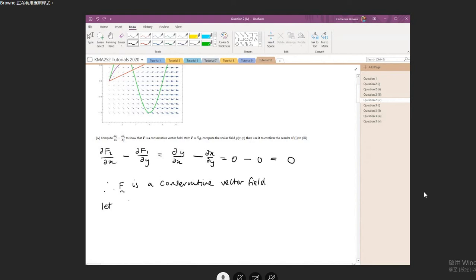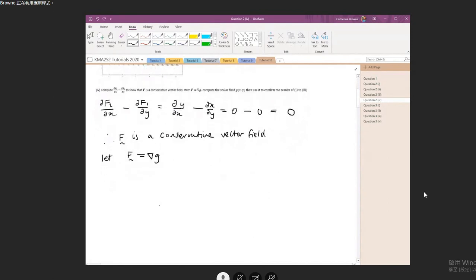And so now, if we let f equal grad g, where g is a function of x and y, we get that f1 i plus f2 j is equal to dg dx i plus dg dy j, which if we break that down into 2 equations, the i parts have to be equal.